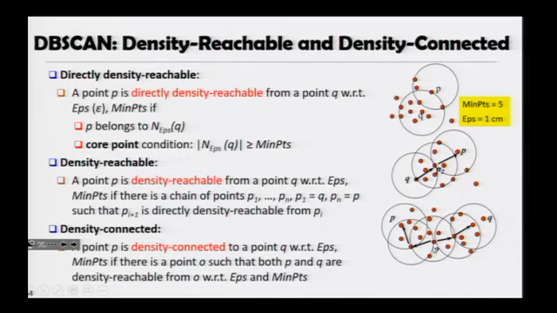From O, you can directly reach another data point, then another data point, and finally this data point Q. In a very similar way, you can also start from O to another data point and then finally to the data point P. So both P and Q are density reachable from the data point O, and then we call data point P and data point Q density connected.